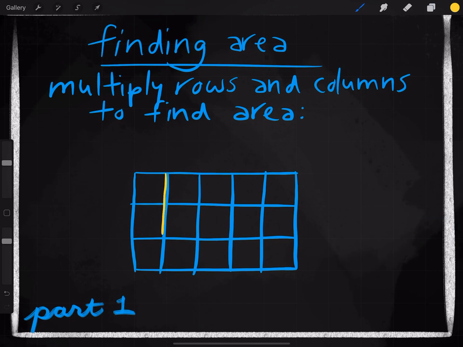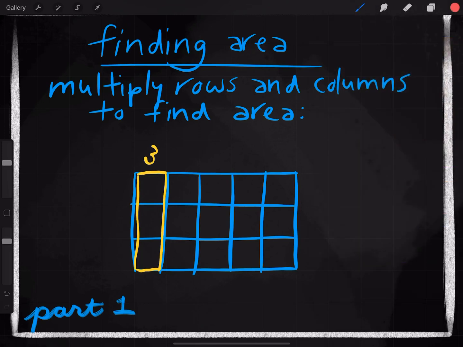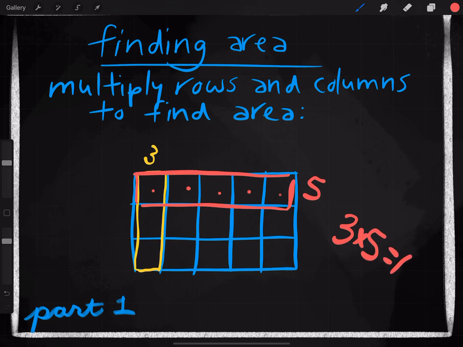In one column here, you have 3. And then in each of the 3 columns there are 1, 2, 3, 4, 5. So you can multiply 3 times 5. It equals 15.